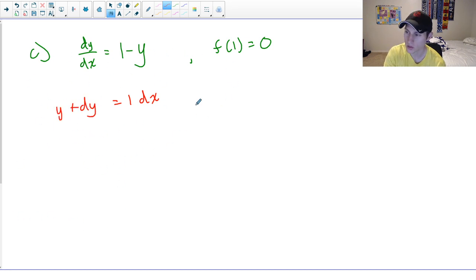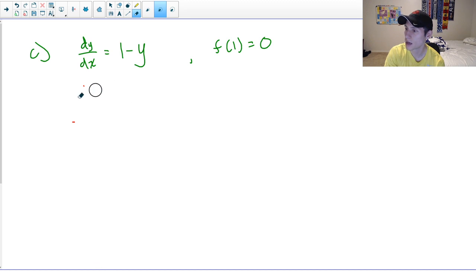But this is not helpful to us. Even though you're right that it is just y and dy on the left side, it's this plus sign in the middle that screws things up. We have never done anything that is like plus dy. What can we do with this? If we want to integrate something, which is what we want to do, then we just have to have a times dy, not plus dy, not minus dy. So I don't want to do that. Don't add y to both sides. But I can still do something.